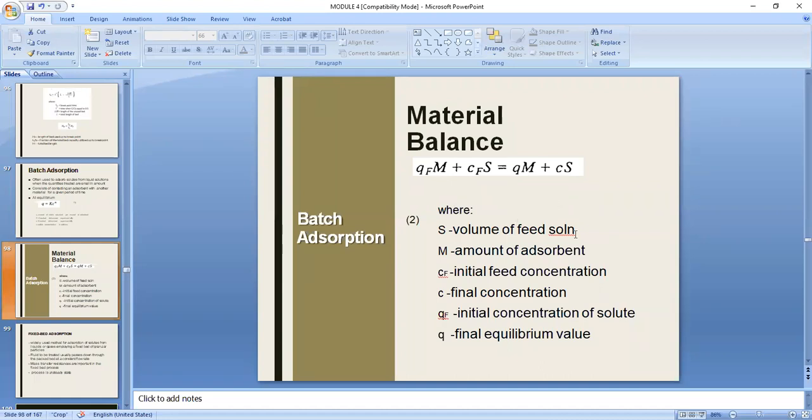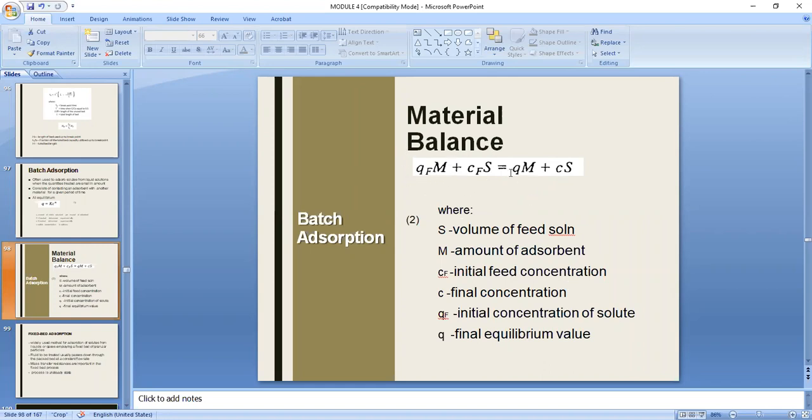In here, I have defined everything as defined by Coulson. Your Q sub F is the initial concentration of the solute, and it is to be multiplied by the amount of the adsorbent, M. And C sub F is the initial feed concentration, and S is the volume of the feed solution. So this is for the feed, and this is for the adsorbent.